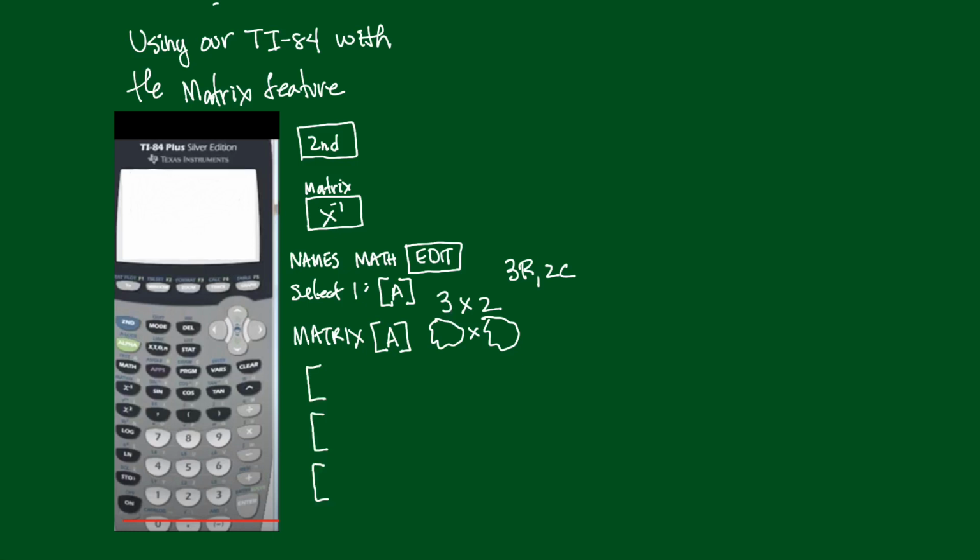Then what you get is a picture that looks like this. You get 3 rows. Now there may be stuff in there already from the last time the matrix was used, but you just type right over it. So we're going to type 62, press enter, and the cursor just comes right over to the next line.